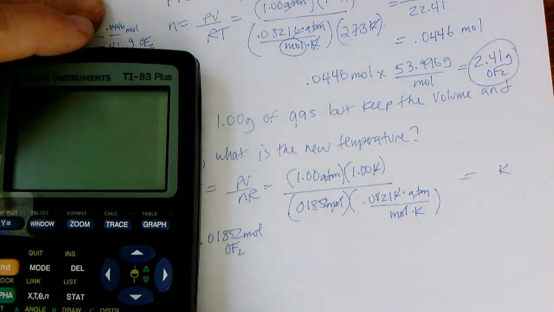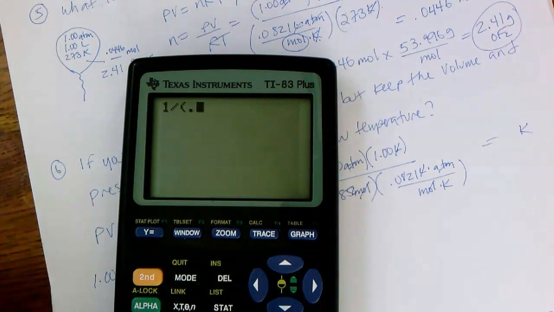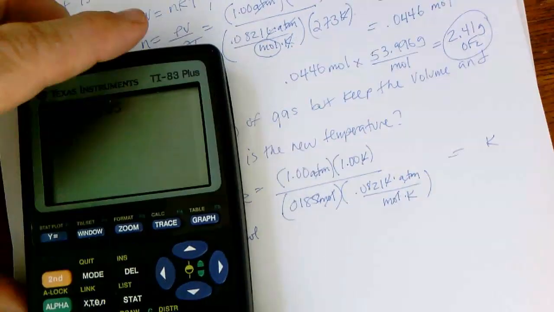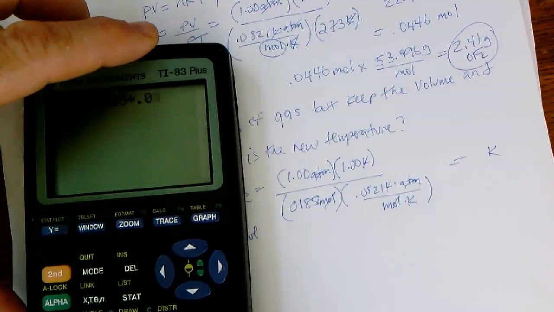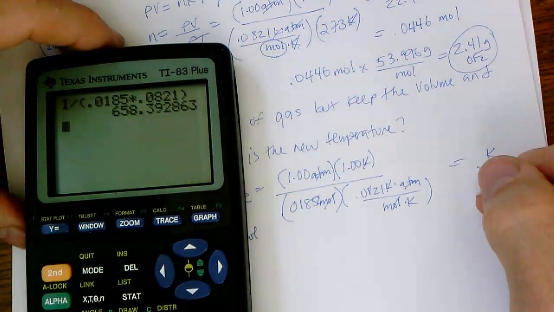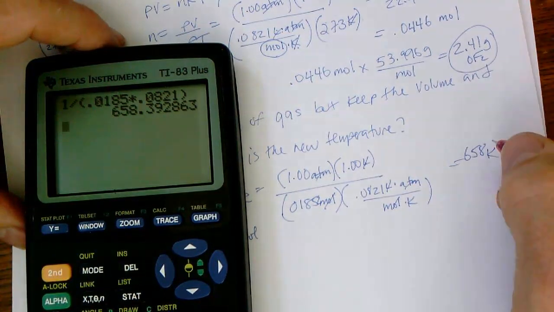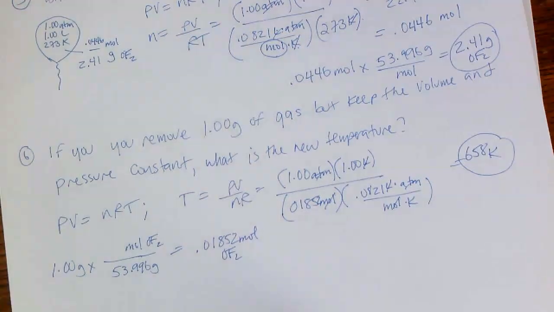1 divided by, doing these together, so use parentheses, 0.0185 times 0.0821. Close your parentheses, it'll do both. And we have 658, 3 significant figures, Kelvin.